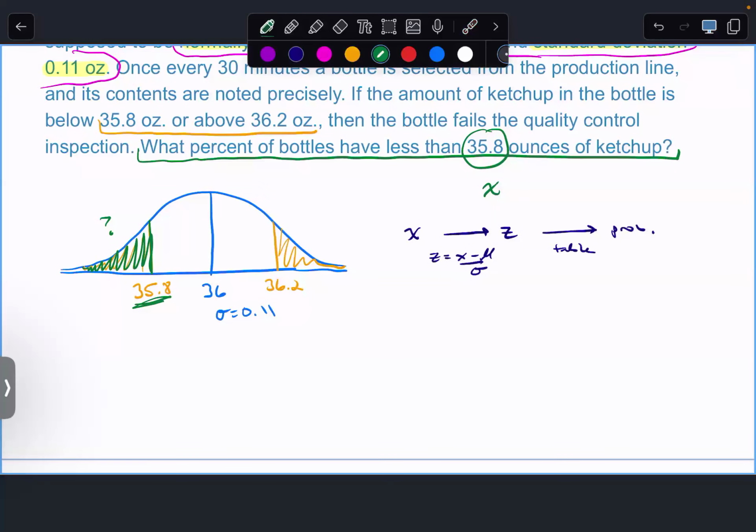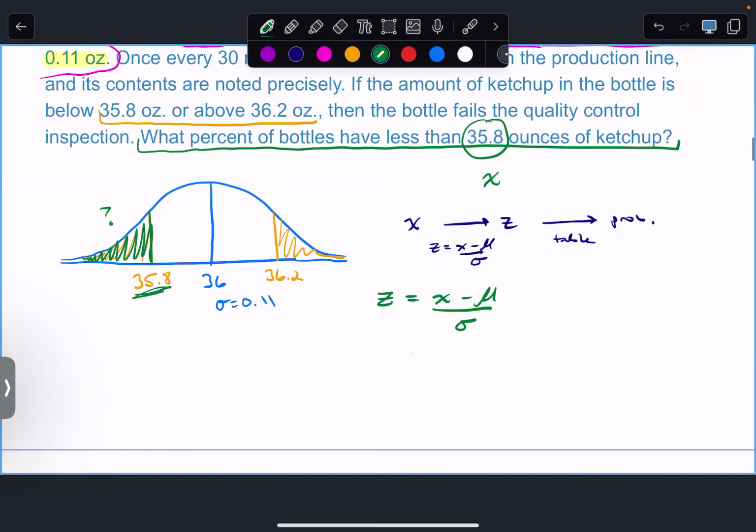Okay, so I have to standardize this X. Standardizing means calculating Z. And I have 35.8 minus 36 divided by 0.11. Now I need a calculator.